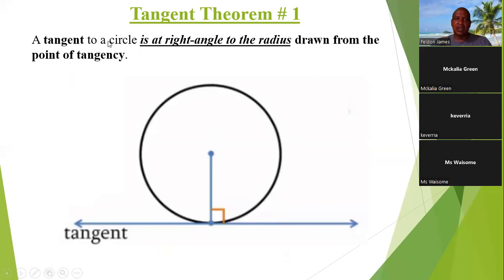Now, a tangent to a circle is at right angle to the radius drawn from the point of tangency.